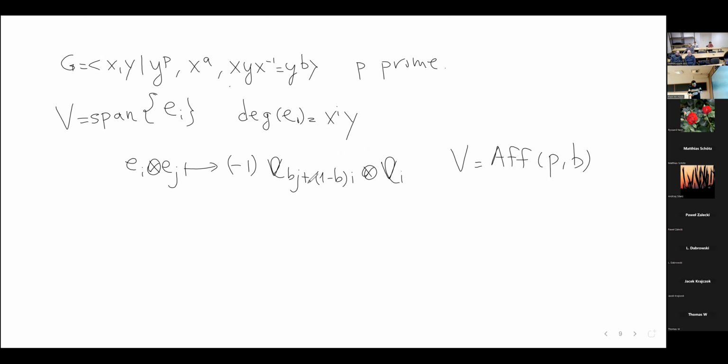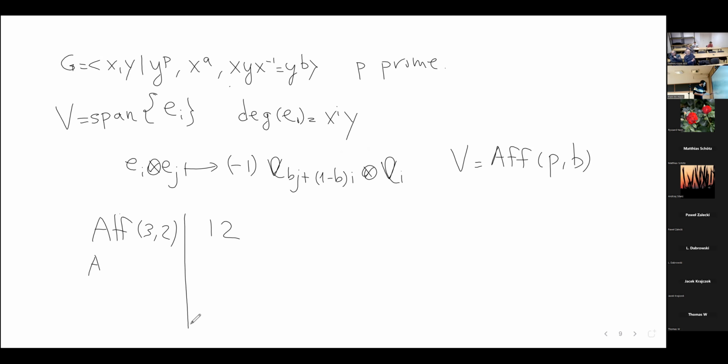Again, there is the question of whether we get finite dimensional Nichols algebras or not. Here's a list of the cases where it is finite dimensional. If we take the affine space with p equal to 3 and b equal to 2, this is exactly the same as the S3 example before, and we get something of dimension 12.